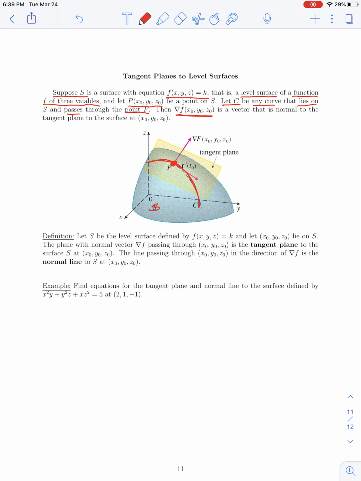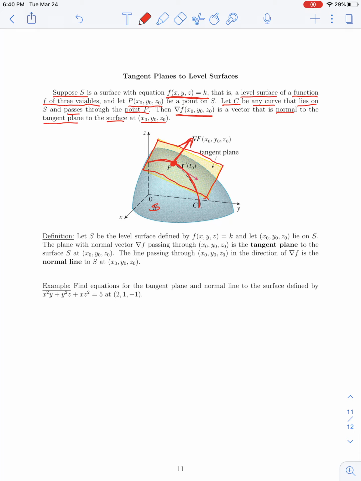Now, the gradient vector of this function f, which is defining my level surface, is normal to the tangent plane to the surface at that point. So if we consider our gradient vector of f evaluated at x0, y0, z0, this is a normal vector for the tangent plane to my surface at the point P.